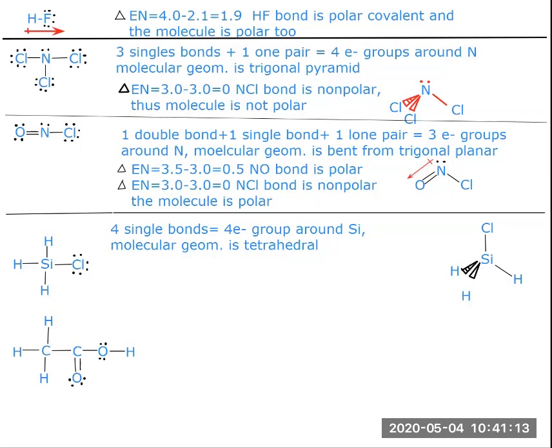I'll leave it like this. Right? And so this way you have that impression that you have a trigonal pyramid. Let's make this smaller. So that's how you draw the tetrahedral molecular geometry.